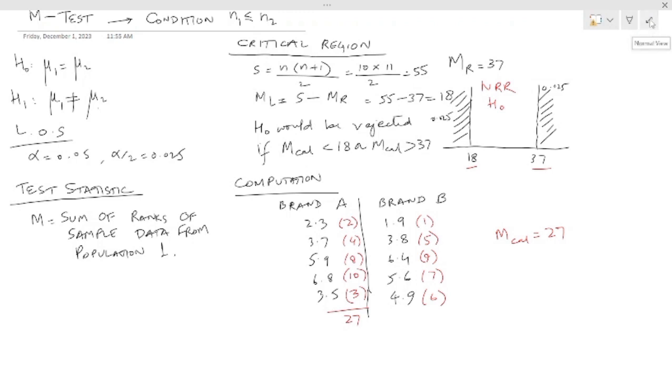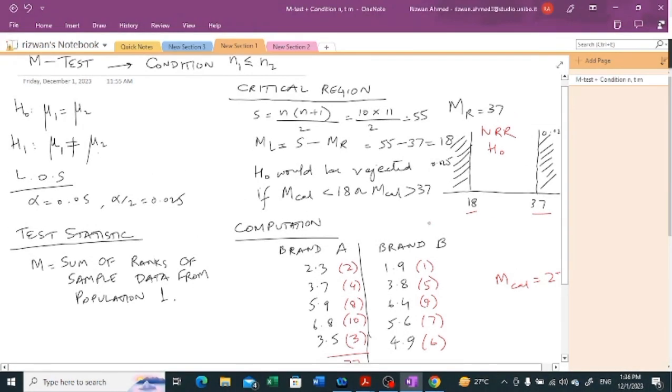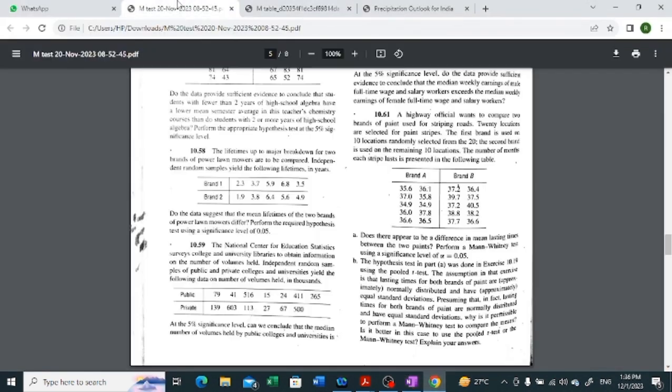Now I'm moving to the next question, because there is some treatment that we need to take in it, since the condition of n1 less than or equal to n2 is violated. So 10.59 is the question. This is regarding the median number of volumes held by public colleges and universities and private colleges and universities.